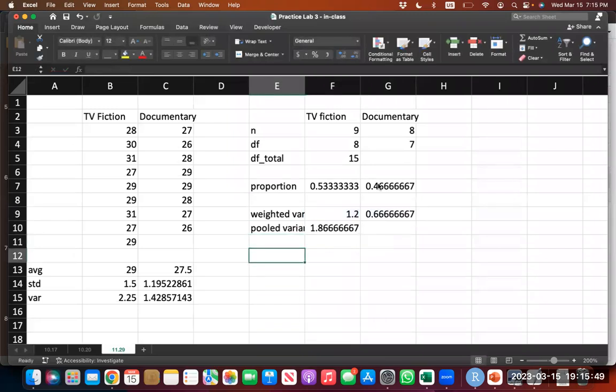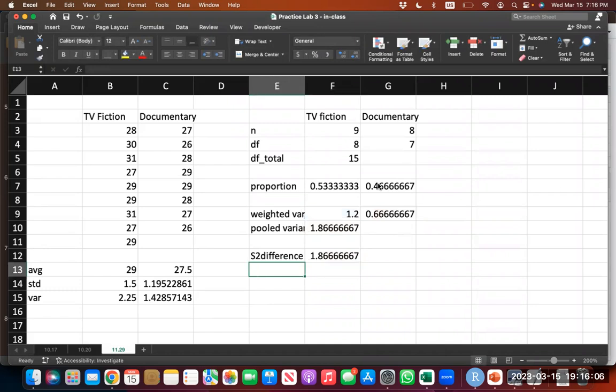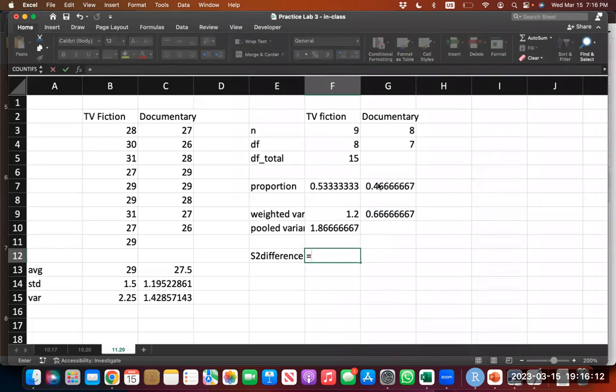Once we have a pooled variance, we're basically calculating our S squared difference. That's our variance for both added together. We're basically now adding this and this. That's just 1.86. Oh, sorry, 1.86.